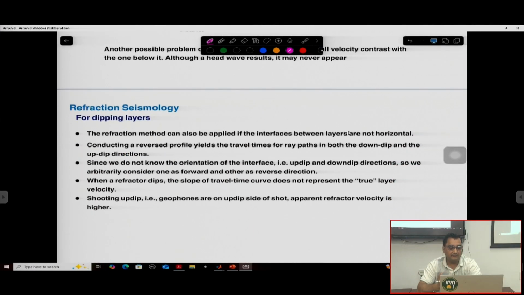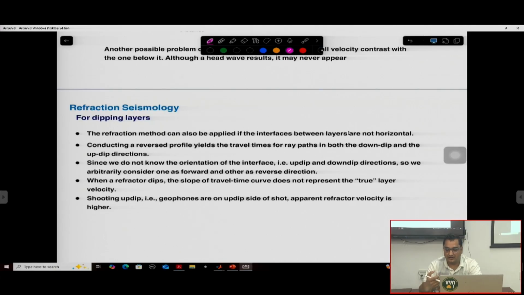Since we were talking about flat layers, now we can also talk about dipping layers. It is not possible that everywhere you will have flat layers. There might be a possibility that you have a dipping layer. In that case, you will have to perform your survey in a different style. You will have to do reverse profiling. That means you will have to carry out your survey in the down dip direction and also in the up dip direction.